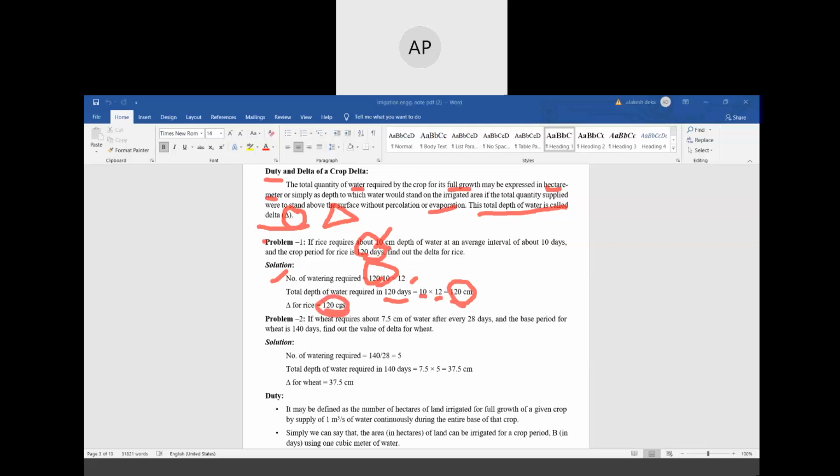Okay, a similar problem is shown here, and let's discuss. There is a relationship between duty and delta.